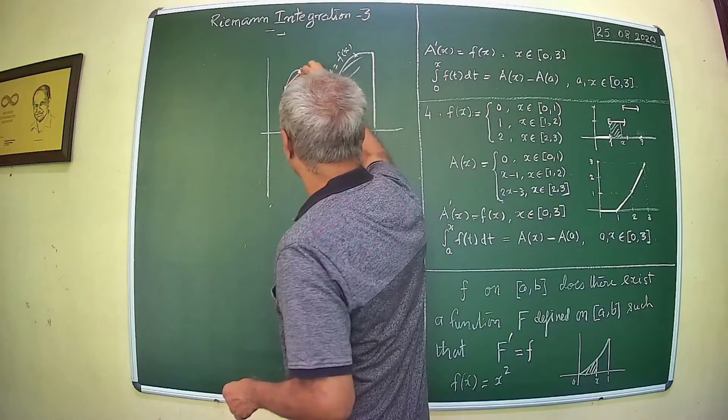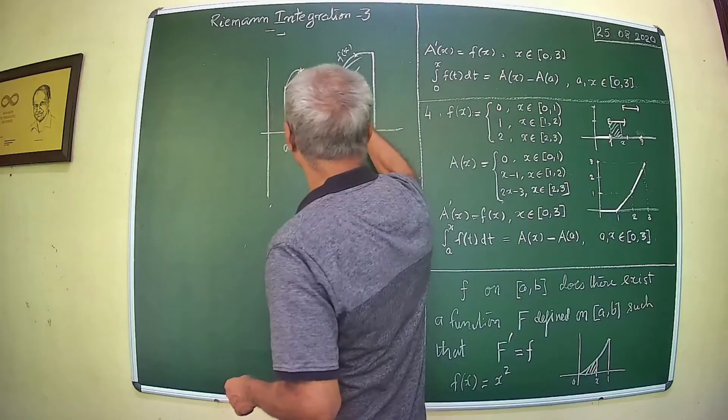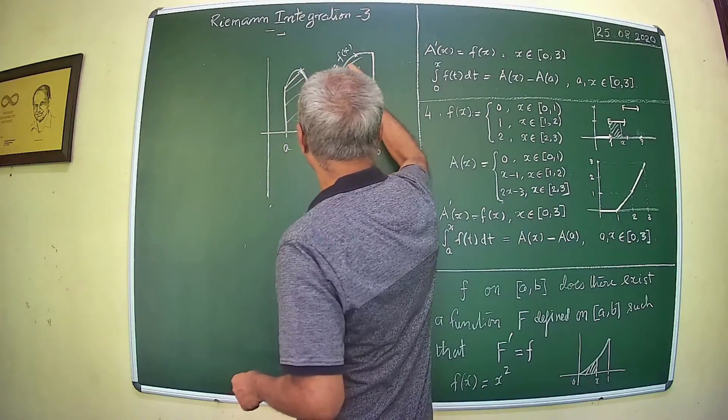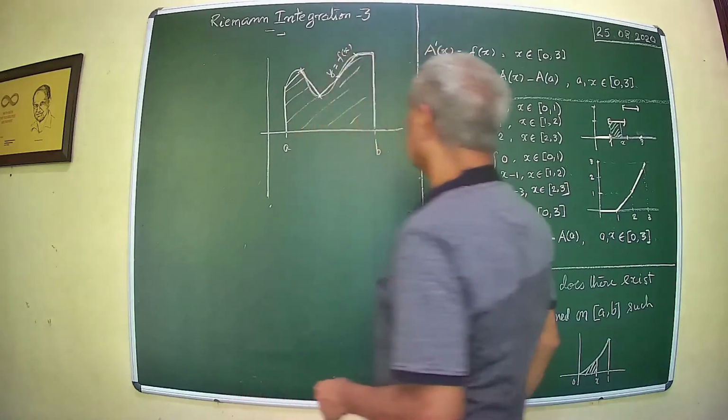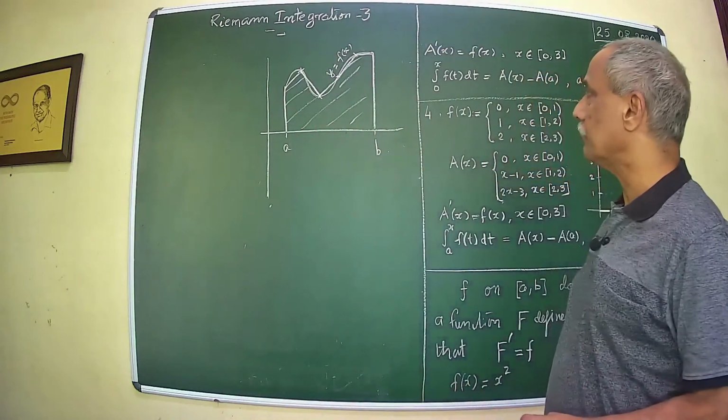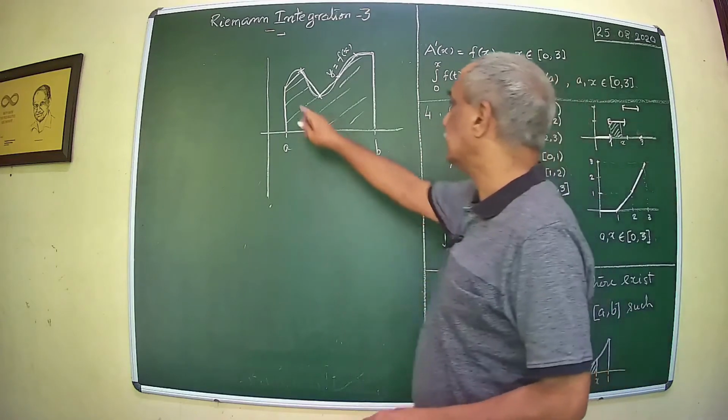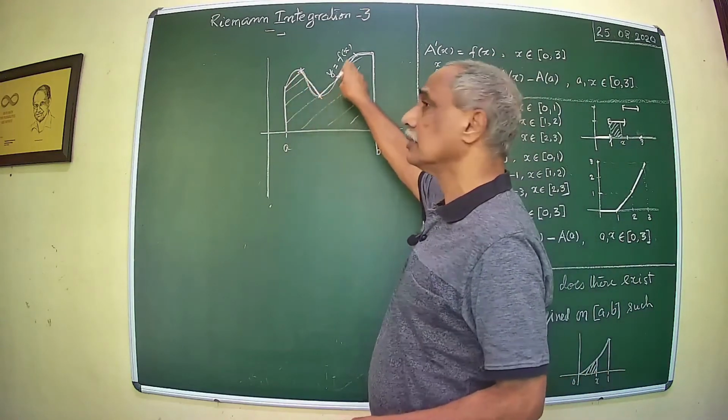Then you see that you get a polygon, a piecewise linear function which lies closer to the given curve.